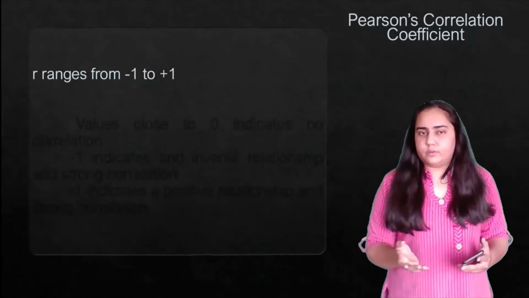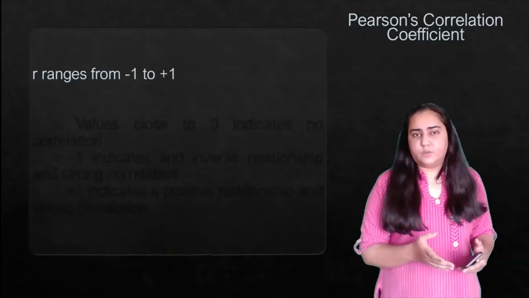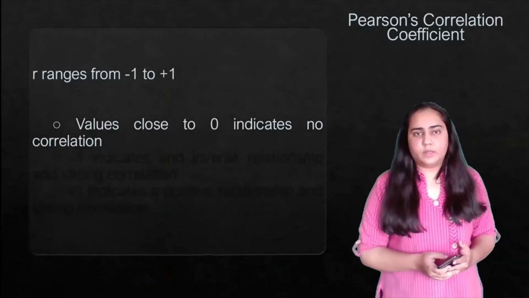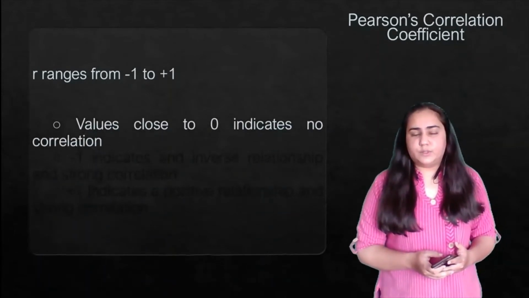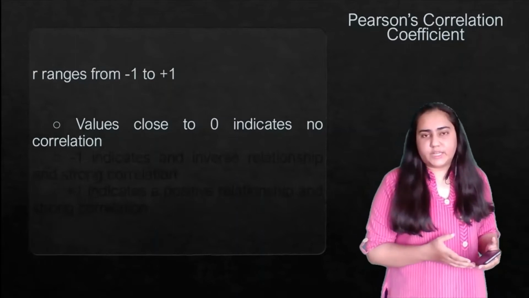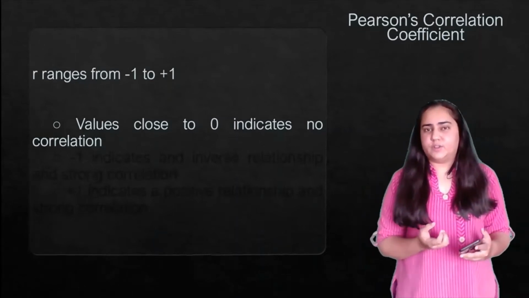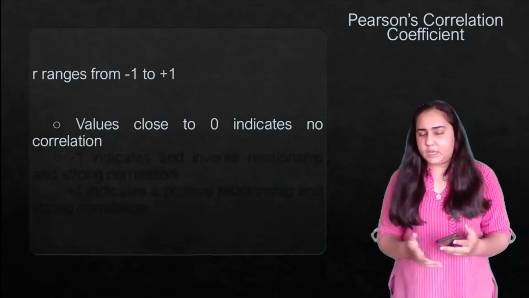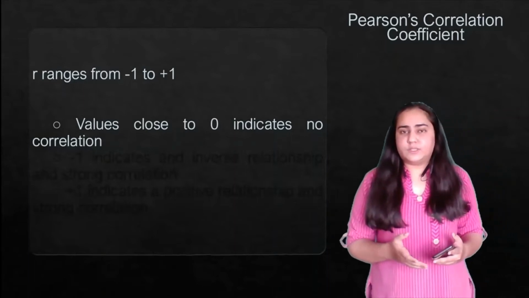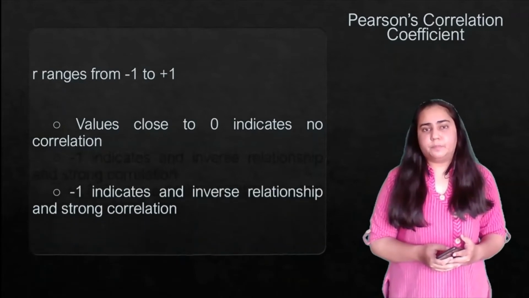R typically ranges from -1 to +1, and values close to 0 indicate no correlation. If you have an R of 0.0000 something, then it shows there is no correlation.